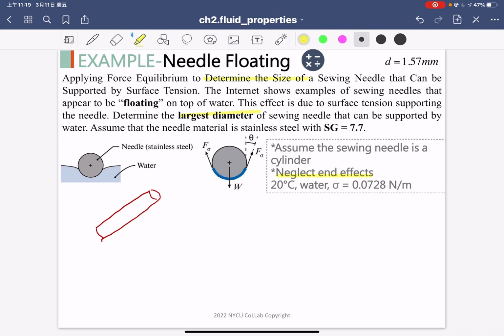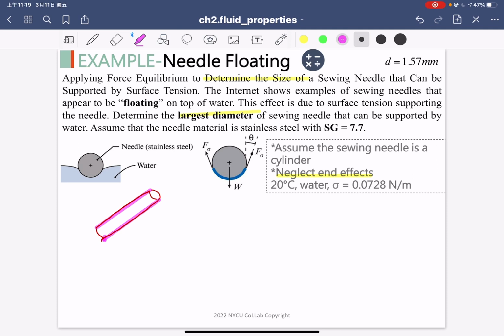So this is our needle floating on the water. The ambient is the water, and these are the two lines just close over the water surface.